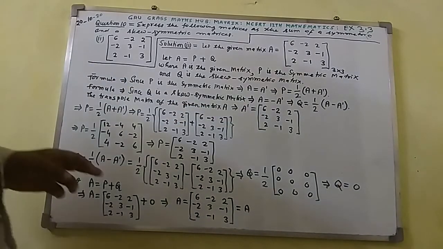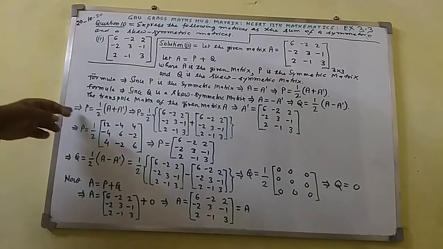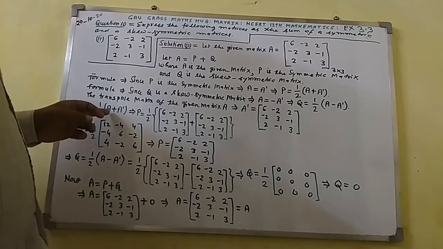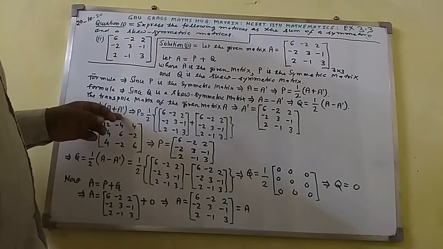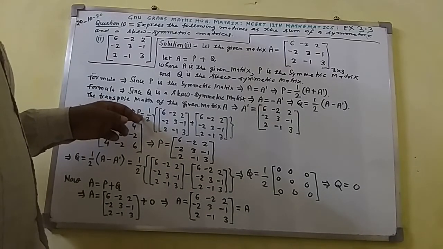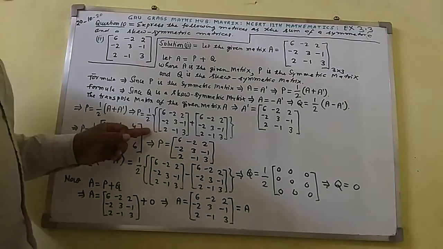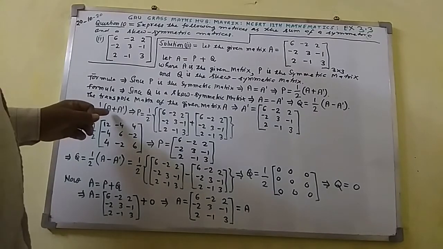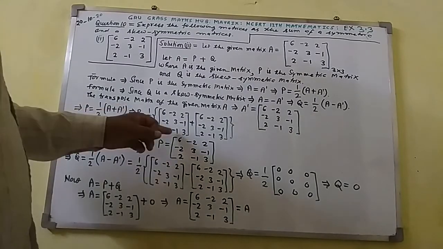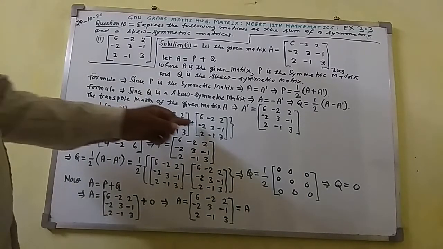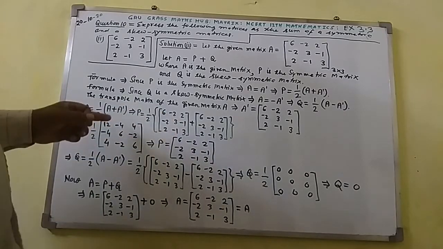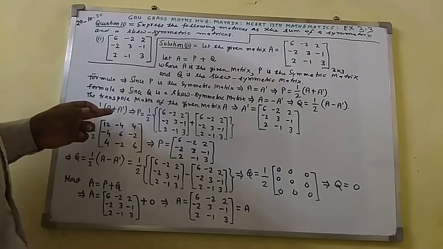Now I shall use the formula P equal to 1 over 2 in bracket A plus transpose of A. It implies that P equals 1 over 2, opening curly bracket, the value of the given matrix, plus, and the value of the transpose of the given matrix.